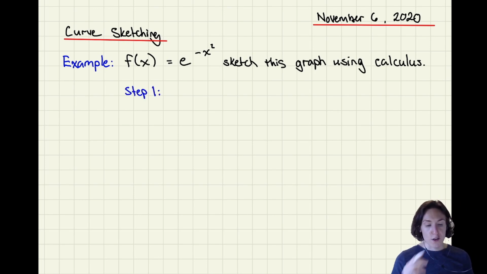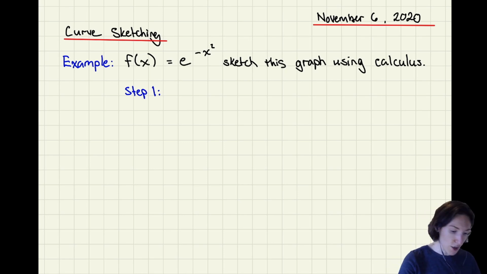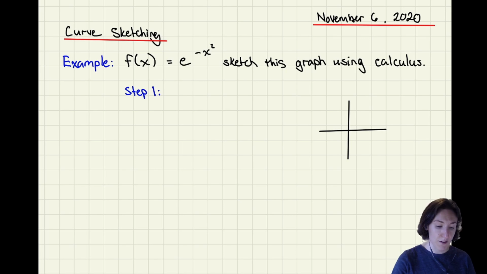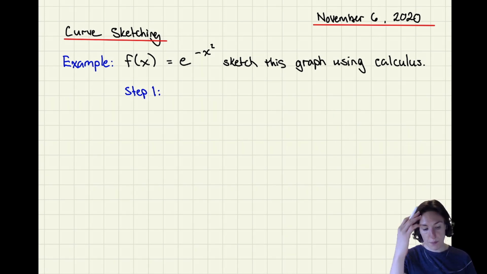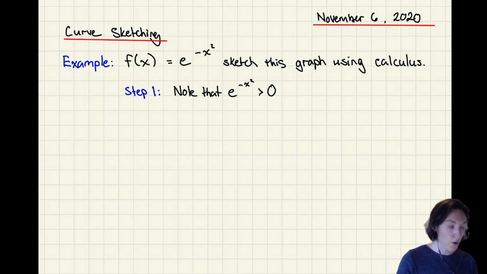What is the domain of this function? Do we have any restrictions? E to the power of either x or negative x. Remember that graph, depending on whether it's a positive or negative exponent, it either looks like this or like this. So e to the power of whatever, plus or minus, is greater than 0. So we're going to note that e to the power of negative x squared is always greater than 0.